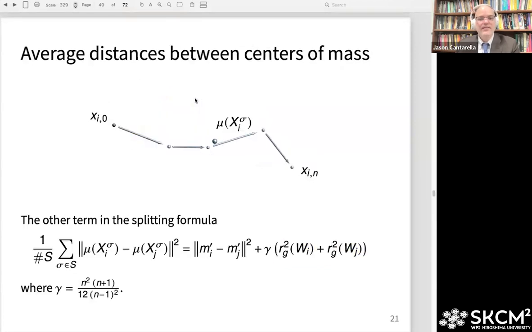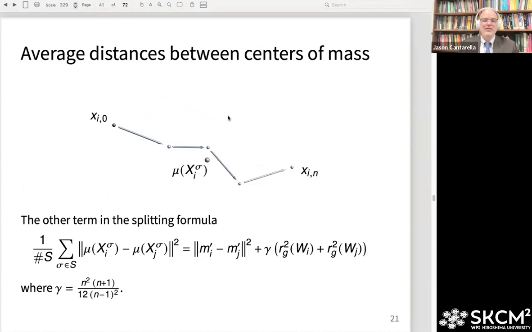Now, on the other hand, we had these pictures which involved squared distances between centers of mass. So here, I'm going to be interested in taking the center of mass of these interior vertices and seeing how it depends on the permutation. So here's one tour with one center of mass.